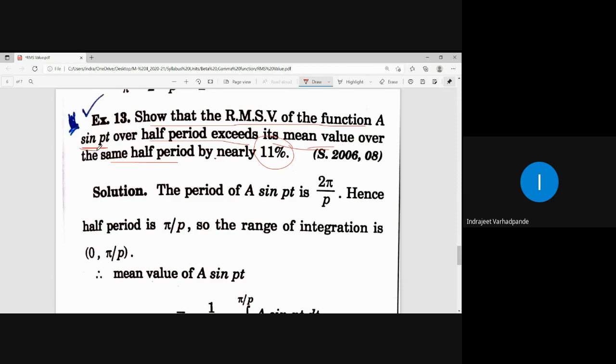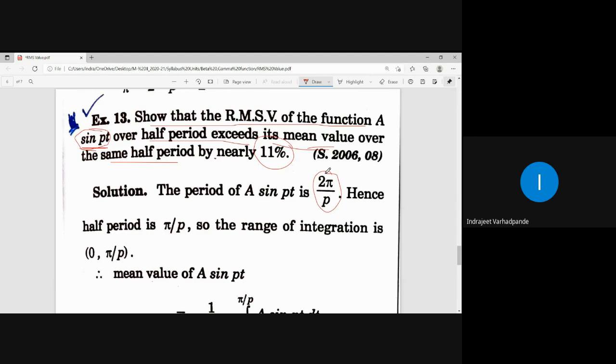Period is not mentioned. In the notes we have written, whenever a range is not given, we take the range of a trigonometric function as one complete period. If your function is sin t or cos t, the range is 0 to 2 pi. For the function sin pt, the range is 2 pi by p.